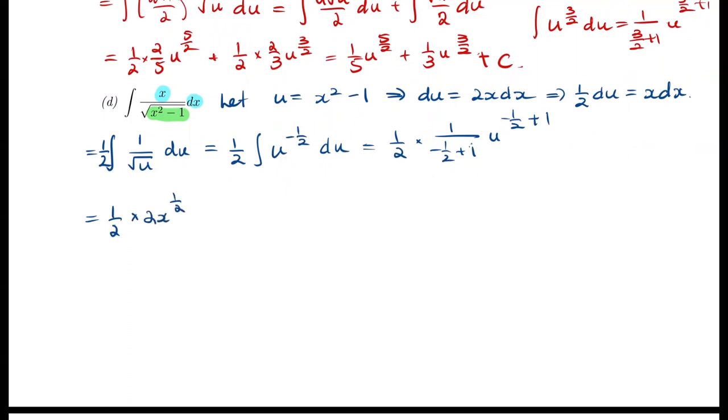And so the 2's cancel out, we would just get u to the power 1/2. Or putting back the u with the x squared minus 1, we would just have x squared minus 1 to the power 1/2 plus c. And that would be this integral over here.